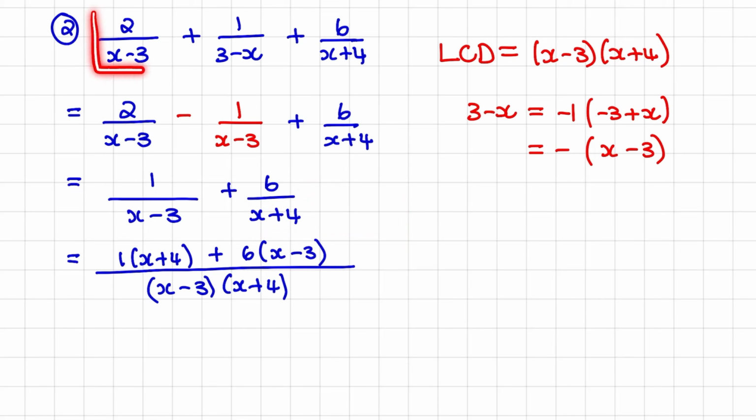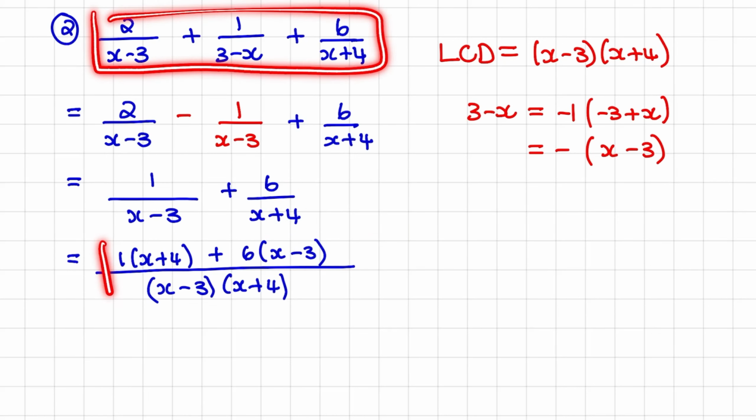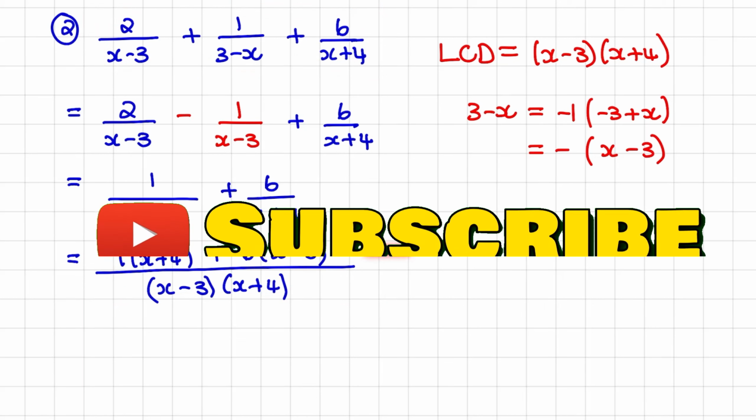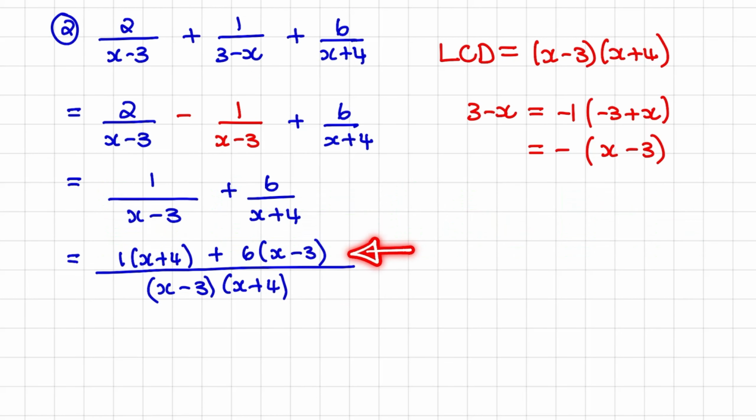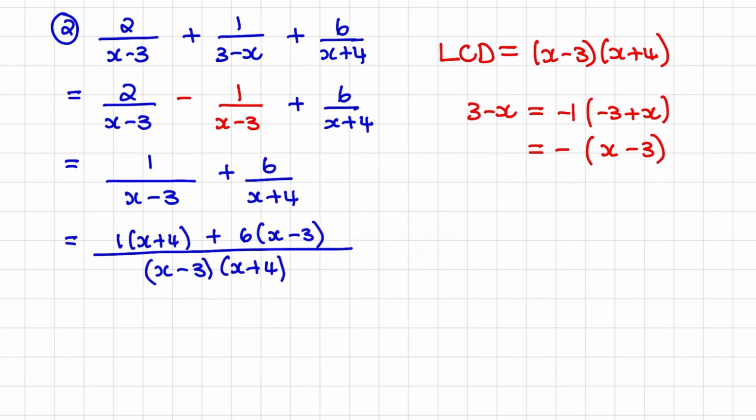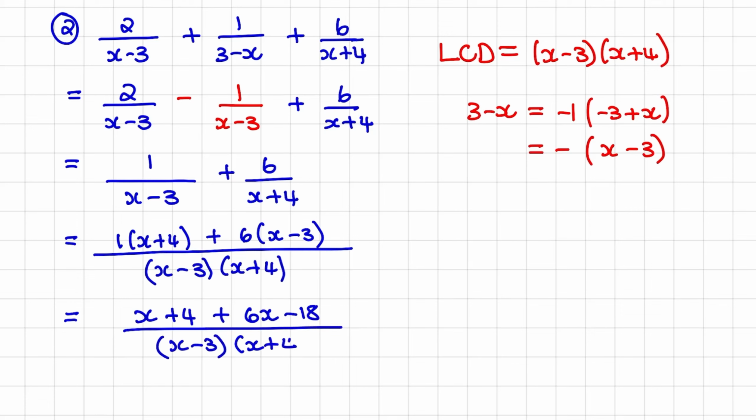Now I have these three terms as one single fraction, but it's not yet in its simplest form because I can still do calculations in the numerator. So if I multiply out in the numerator, I have x plus 4 plus 6x minus 18 over x minus 3 times x plus 4.